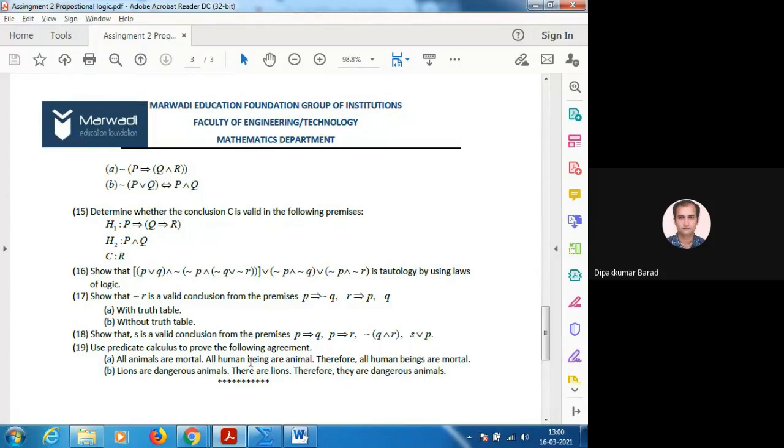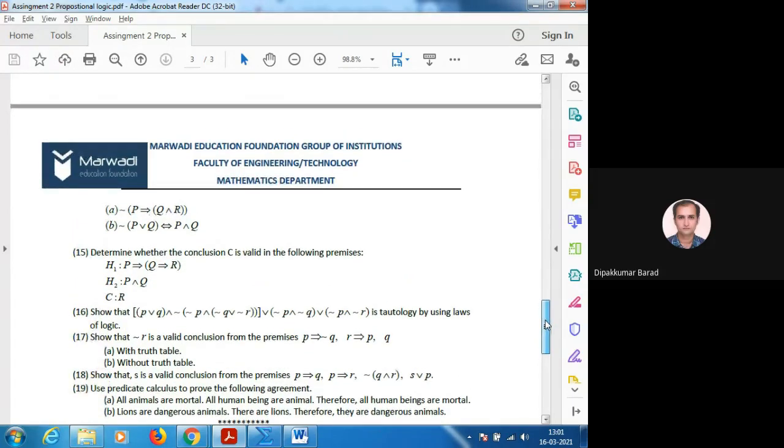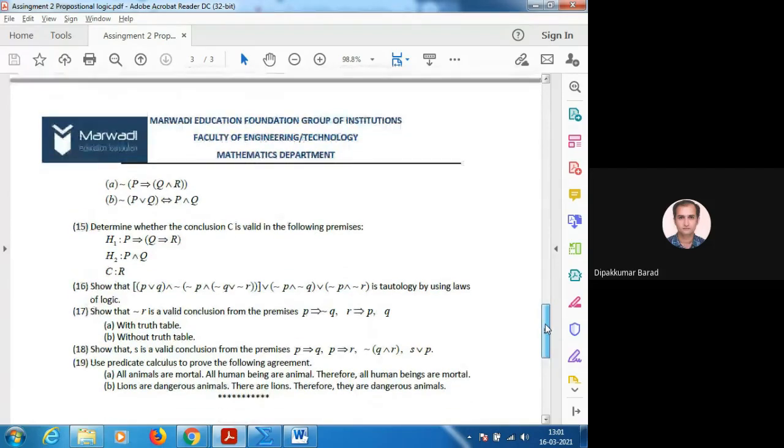All these things which we discussed, for all and there exist, and logical arguments, how to write statements P, Q, and R and then symbolically express them. So how to use predicate calculus for the following statement. This is part of your mid-sem exam. Even though we have not done this example in lab, you have to do it by yourself. And if you have any doubt, you can ask.